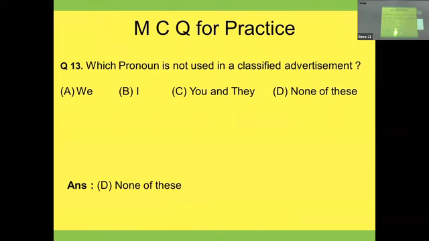First person is I, second person is you, third person is they, and we is the plural of first person. So never in any of the ads do we put I want employees or I have lost my grandmother. These words we never use. Which pronoun is not used? So none of these are used. We neither use first, nor second, nor third.